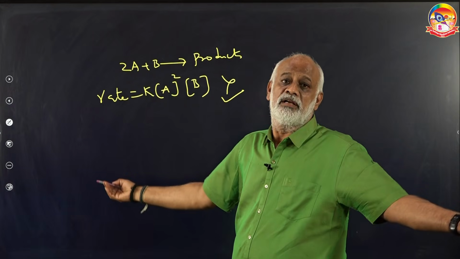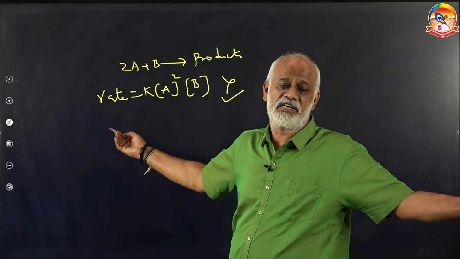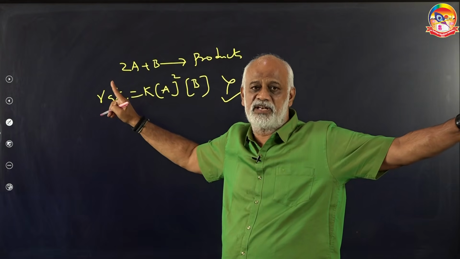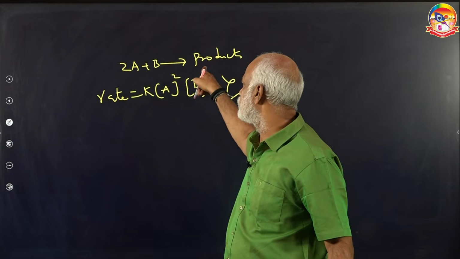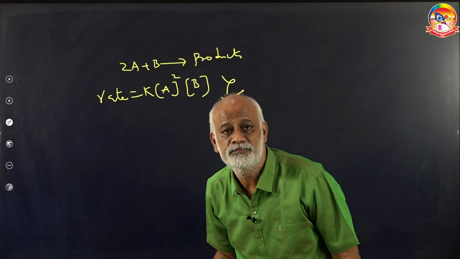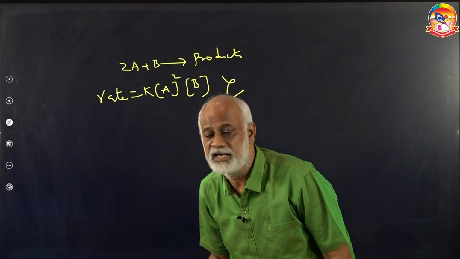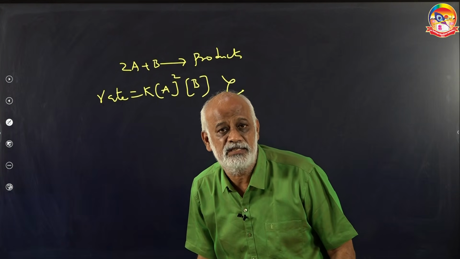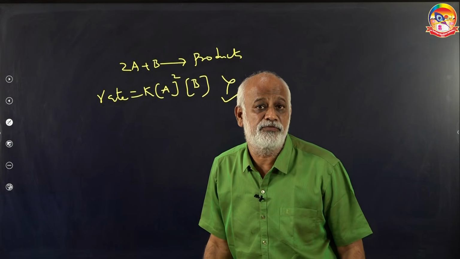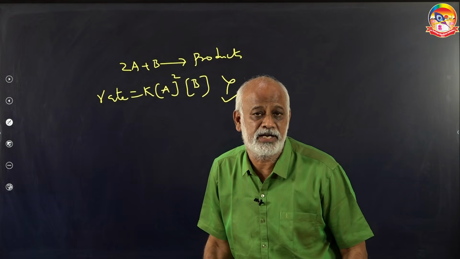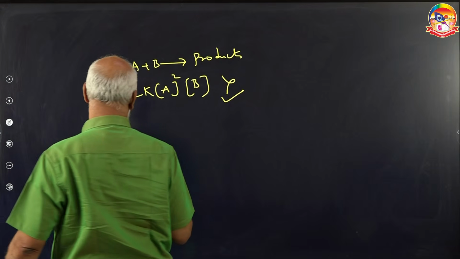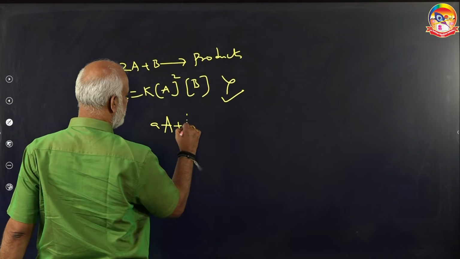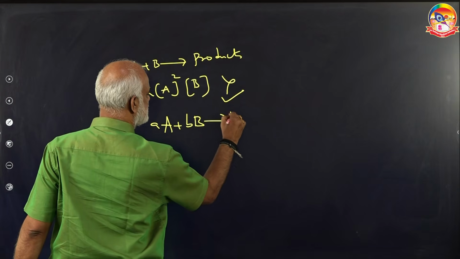Second thing, if it is a complex reaction, we cannot know, because no experimental data has been given. So, how can I take the coefficient as the power? It is not. Until and unless I know the experimental data and the influence of A on rate and B on rate, I cannot.